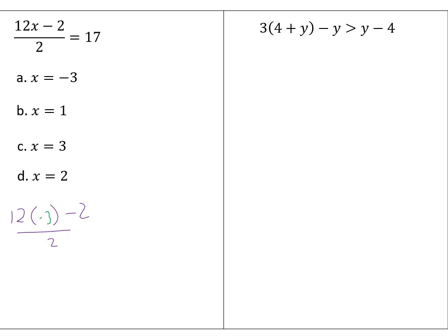Well, 12 times -3 is -36. -36 minus 2 is -38 over 2. That's an 8, which is always the hard one to write.